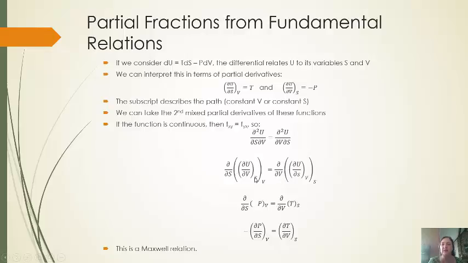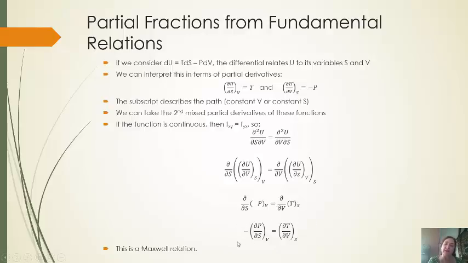Now we found that the answer here is equal to negative P. The answer here is equal to T. So therefore, negative dP dS at constant volume is equal to dT dV at constant entropy. So I've taken one derivative holding V constant, one holding S constant. You see that. Okay. Now this is what's called a Maxwell relation.